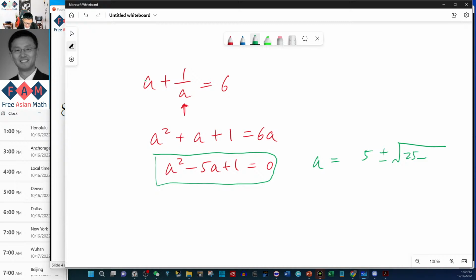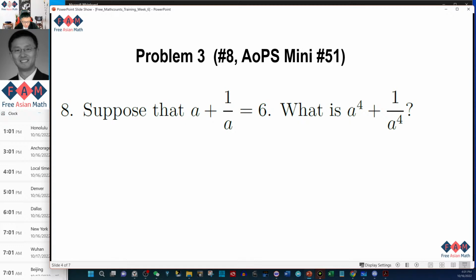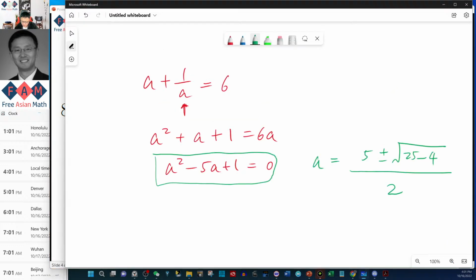So minus 4 times 1 times 1, that is minus 4, over 2. So there are two solutions for a, and it turns out it doesn't matter which one you choose. Eventually, if you plug in, it would be the same thing.